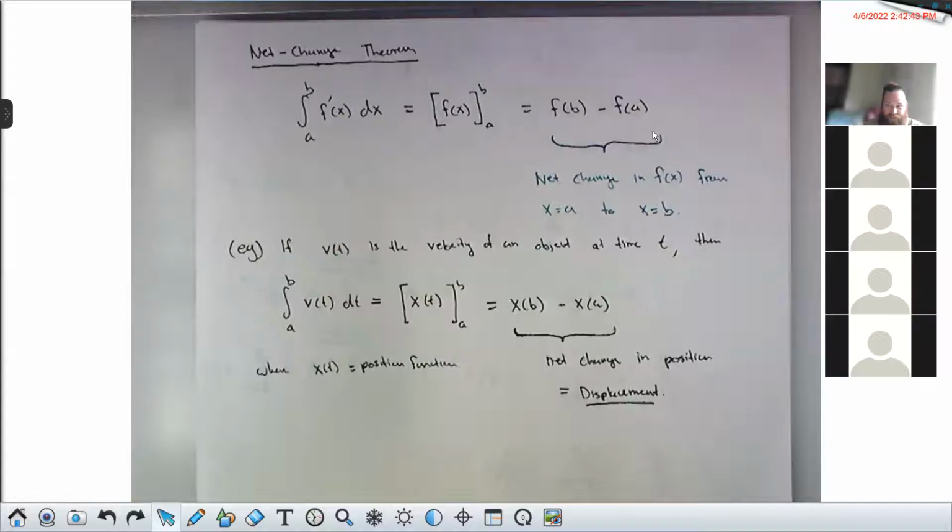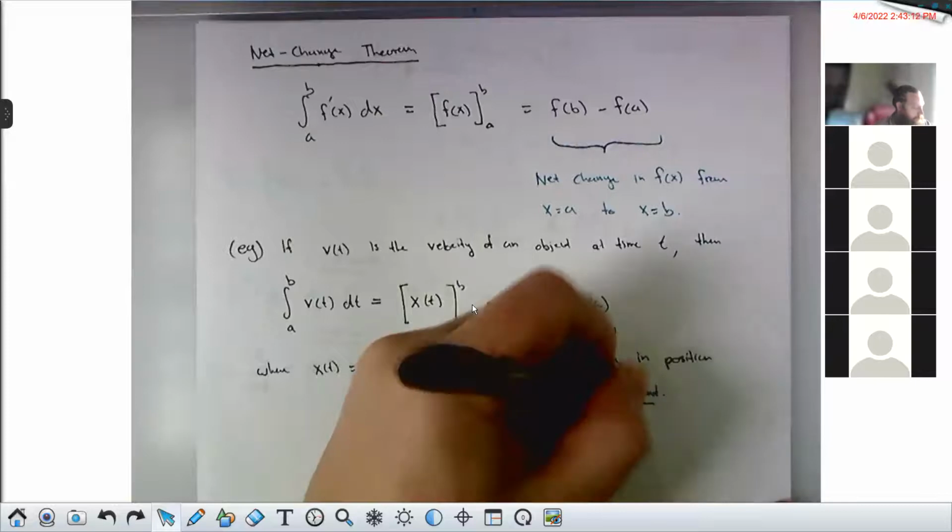So my net change in position is 0. If you do a round trip, you go somewhere and come back, then your x of b and your x of a are the same position. So your displacement is 0. But your distance traveled is certainly not 0. Maybe it's a mile to the grocery store. I've walked 2 miles. My distance traveled is 2 miles. But my displacement is 0.